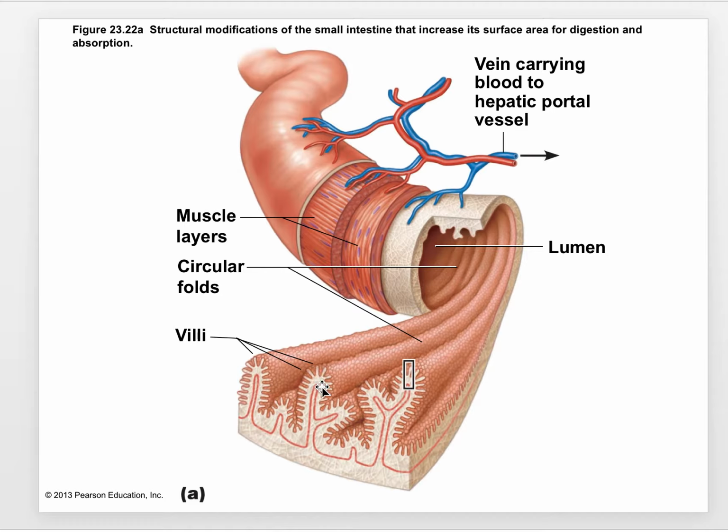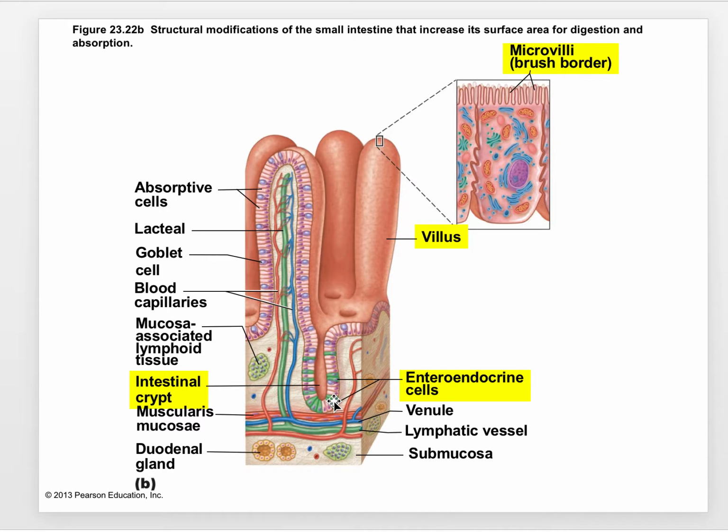These little folds are villi, and then the microvilli are these smaller foldings, those little fingers. They all increase the surface area of the inside of the small intestines to allow for more absorption of materials and nutrients. This shows the same thing. Here's a villi, and it's a smaller view of the villi. You see the microvilli here.